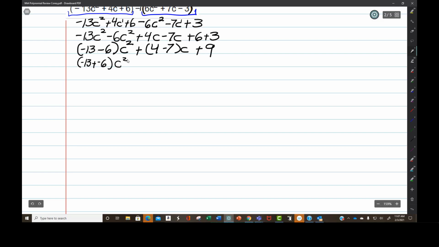If you think of it that way, then you're just going to add 13 and 6. That's 19, and both of them are negative, so the answer is negative. All right, now, 4 minus 7 is negative 3. And then plus 9.